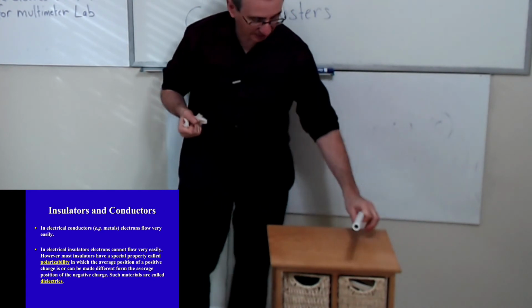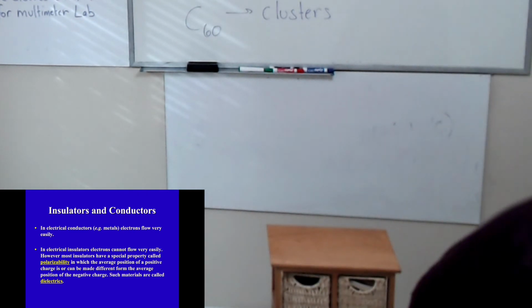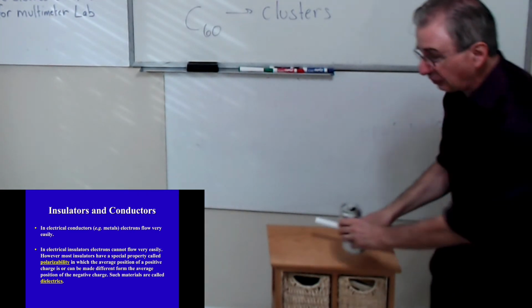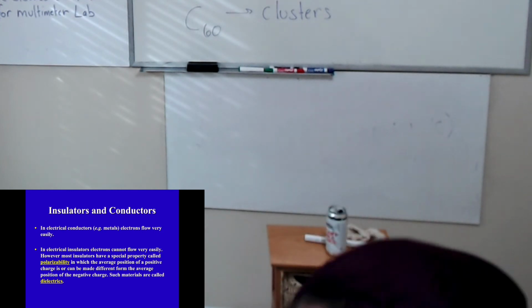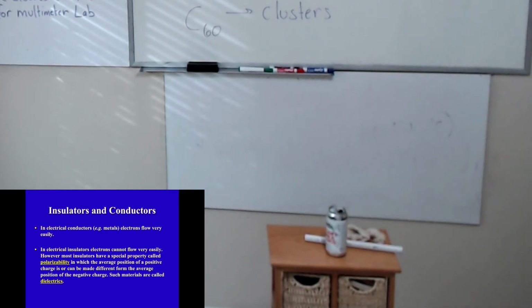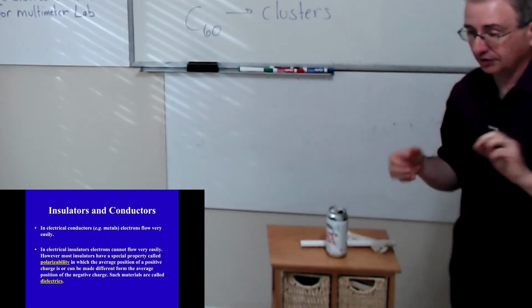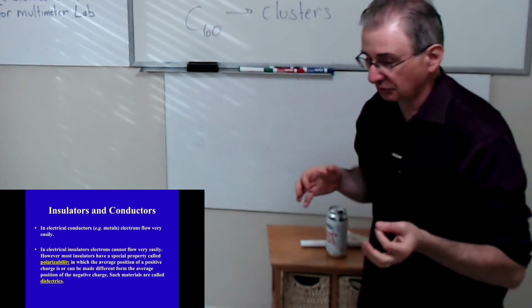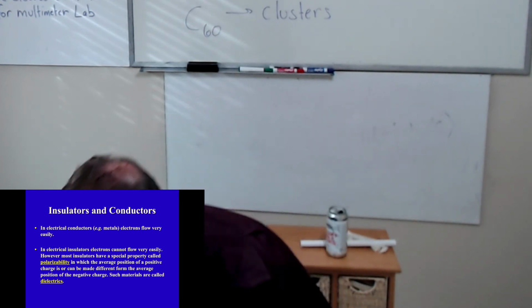And I'm attracting the metal can. You all see the can get attracted? No matter whether I charged a positive rod or a negatively charged rod, the can will always be attracted.